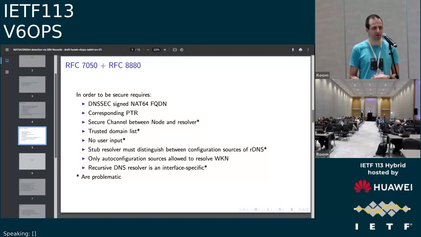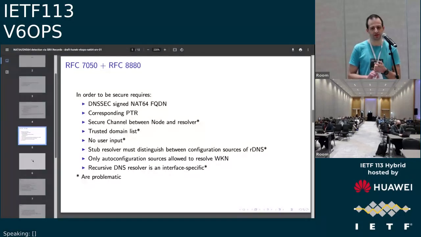These are problematic, at least what I have seen in Linux. The resolv.conf doesn't include the source of the configuration of this information. So with RFC 7050, when you have to follow all the requirements, it's quite hard to implement.